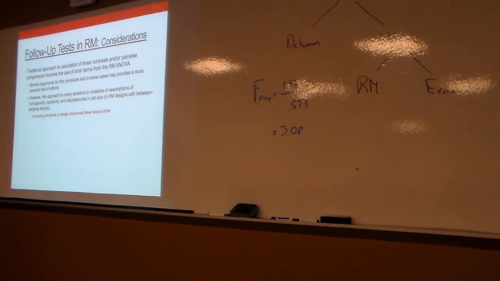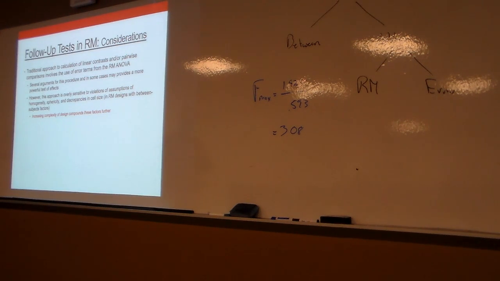The problem with it, as we talked about last semester, is all these tests are predicated on the assumption that you haven't violated assumptions, that everything's randomized, that you have equal cell sizes, that you haven't violated homogeneity of variance types of things. And if you do violate those things, all of a sudden we start to lose confidence that our tests are good tests of what we're trying to do, right?